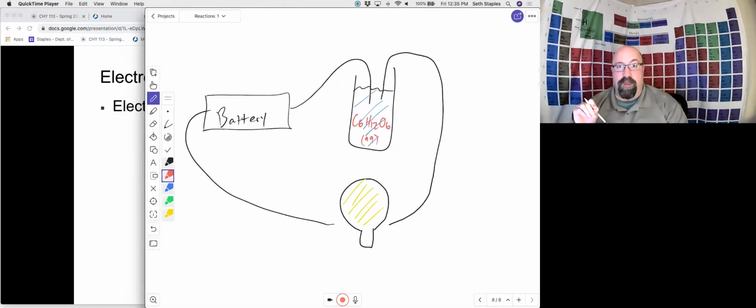Water, by the way, pure water. Let's say I just have this. I haven't dissolved anything in there. I've just got pure water, a non-electrolyte. Pure water is not going to conduct electricity. Now, maybe you're asking yourself, well, then how come I can't be in the lake during a thunderstorm? Or how come I really shouldn't drop my radio into the bathtub with me? Any water sample like that is not pure water.